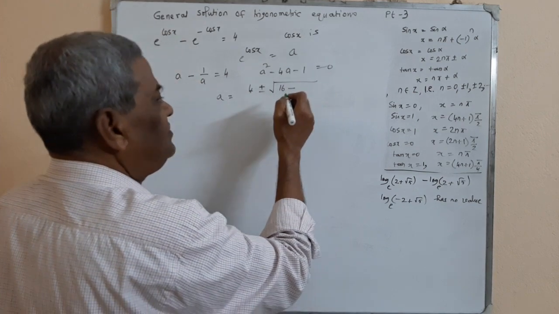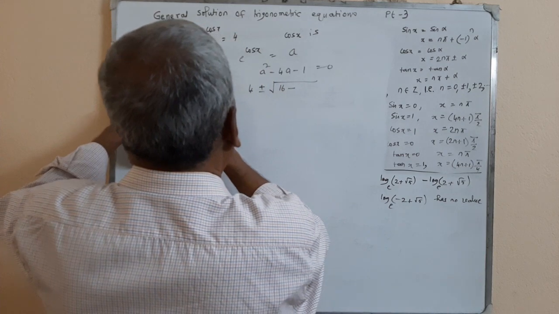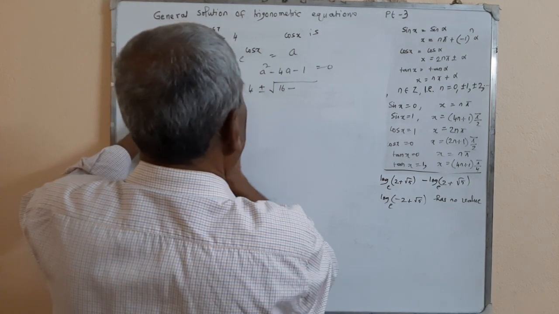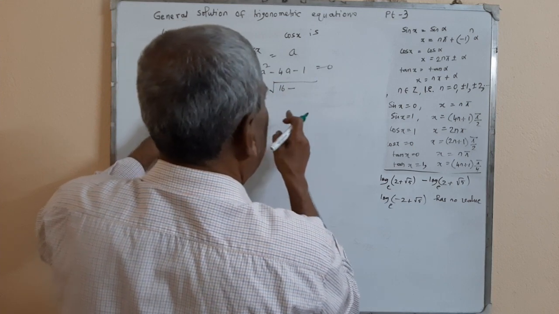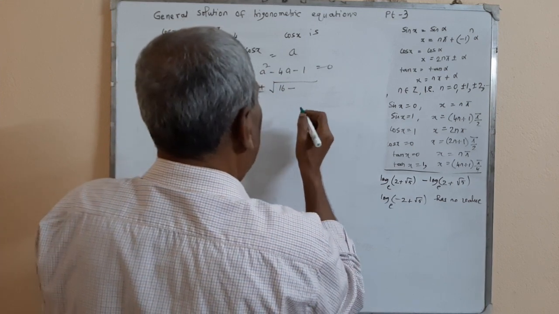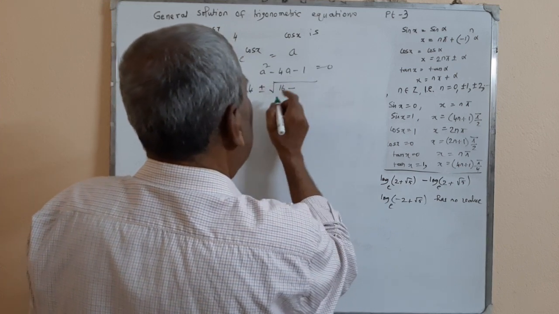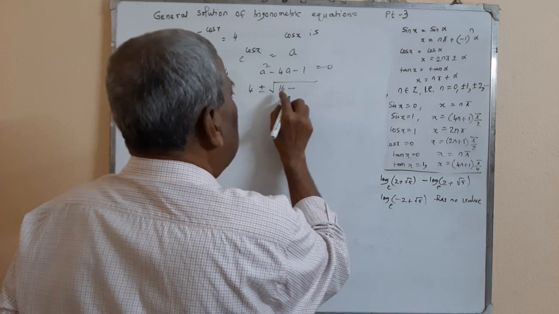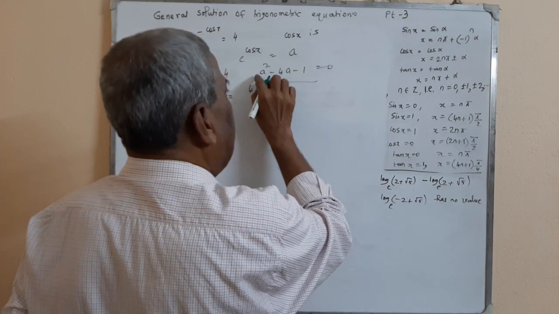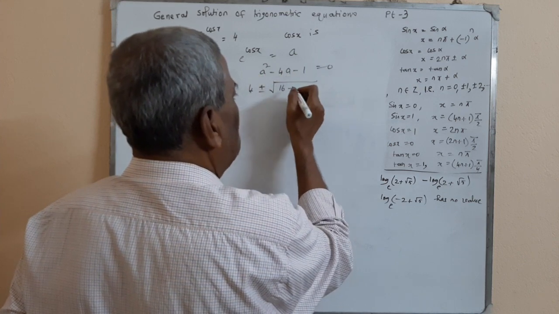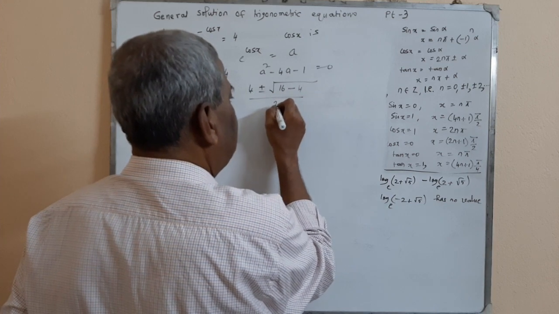So a square minus 4a minus 1 is equal to 0. So it is equal to minus b plus minus root over b square minus 4ac, where a is 1, b is minus 4, c is minus 1, by 2a.